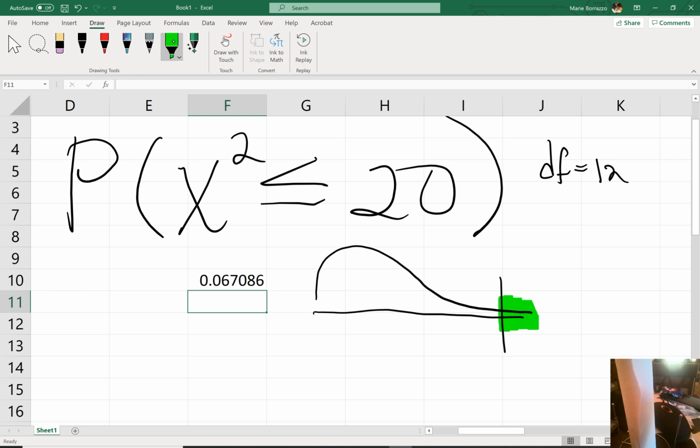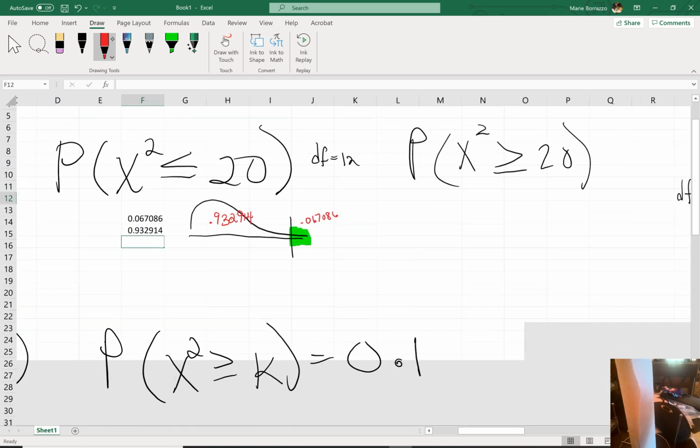Everything else on the opposite side, you would do equals 1 minus that value. So in this case, 0.932914, and this is the 0.067086.